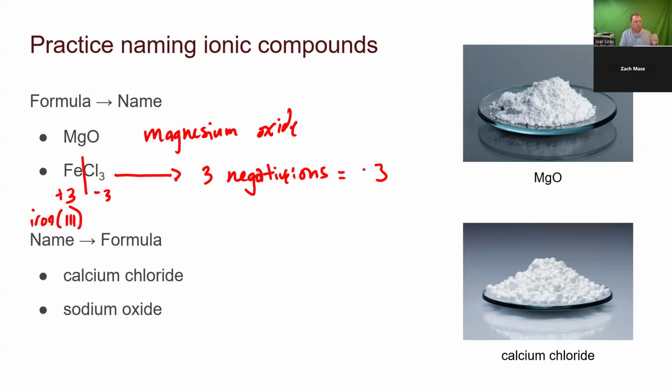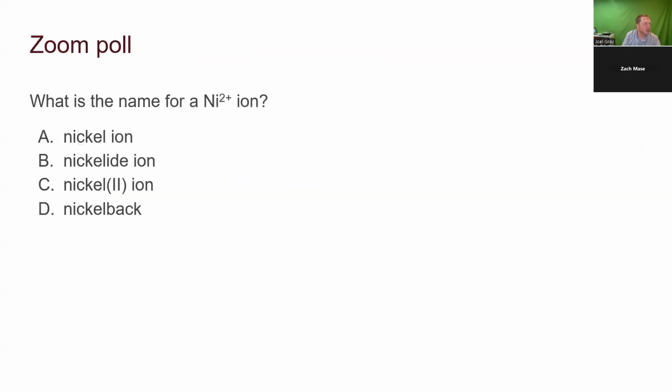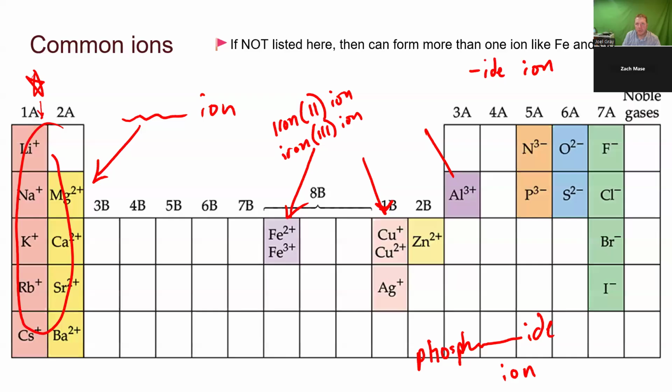So, with that in mind, this is one of the things that you need to know about ionic compounds, and this is unique for ionic compounds. Although there are three chlorines, we actually don't need to indicate there are three chlorines. The reason we don't have to indicate that is because this list right here are the common ions.